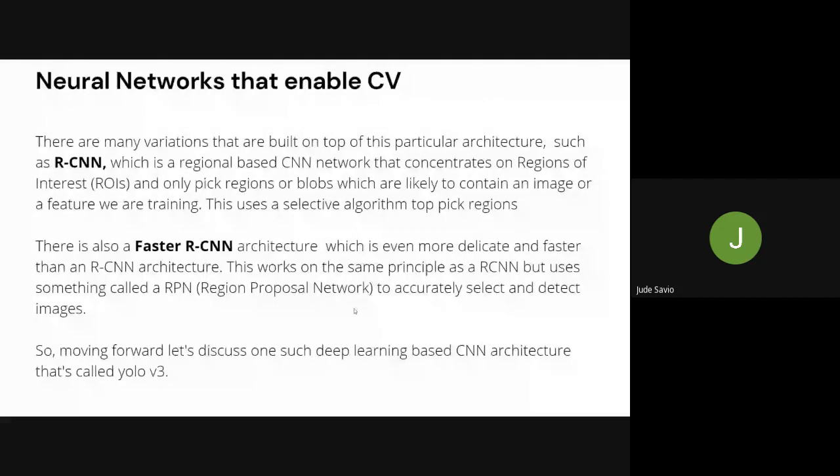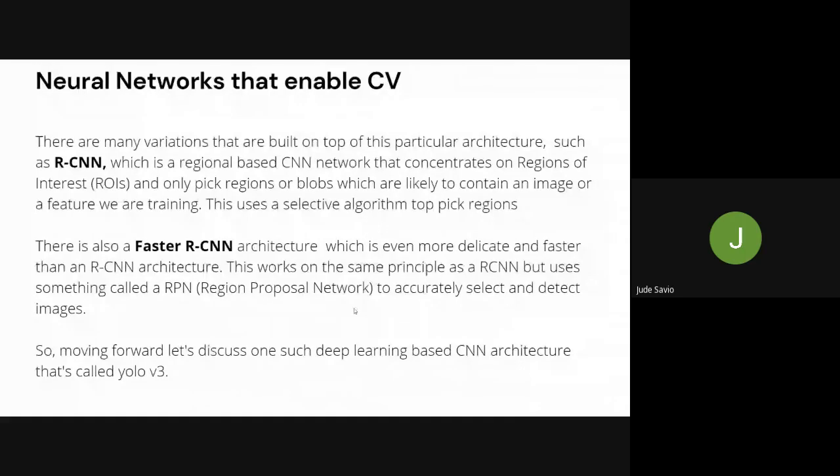RCNN uses a general selective algorithm to find the regions. Faster RCNN uses a separate network of neurons to find those regions based on the input. So that is why faster RCNN is a better and even more secure model when it comes to identifying or classifying images.